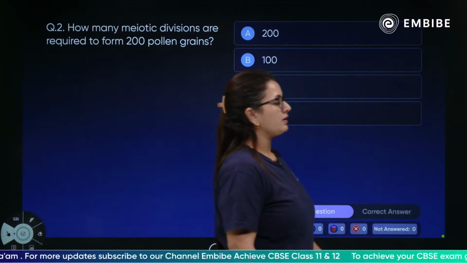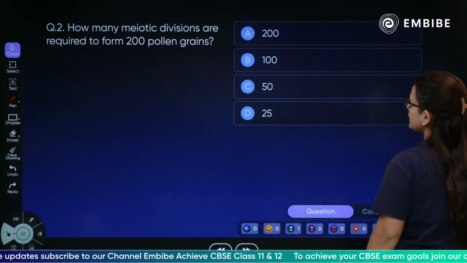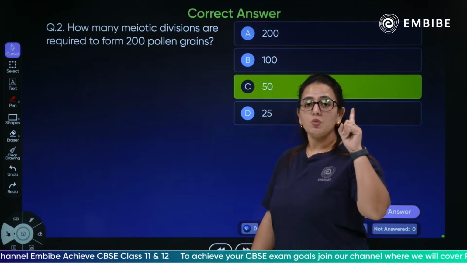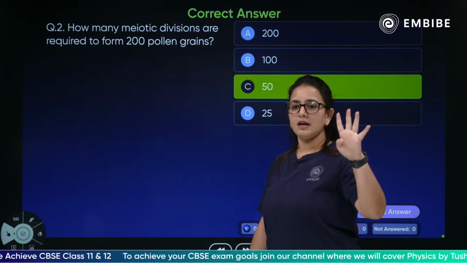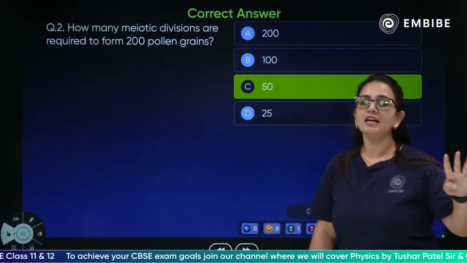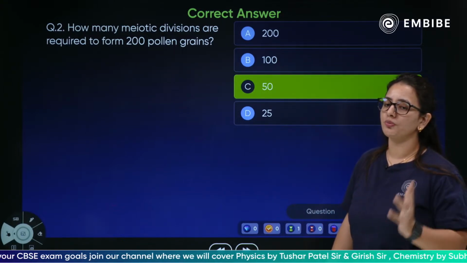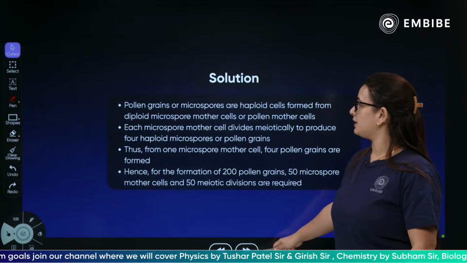The 200 pollen grains require 50 meiotic divisions, because one division produces 4 pollen grains, and we need 200. So we only need 50 divisions to produce 200 pollen grains.